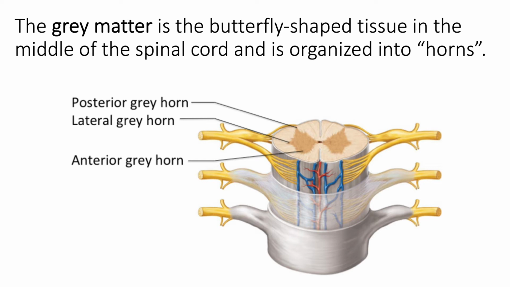And remember, neurons are pretty interesting cells that bear a cell body and then extensions going to and from that cell body. Well, the gray matter is where the cell bodies of those neurons reside. And that means that there's a lot of synapsing, particularly when we're talking about multipolar neurons.